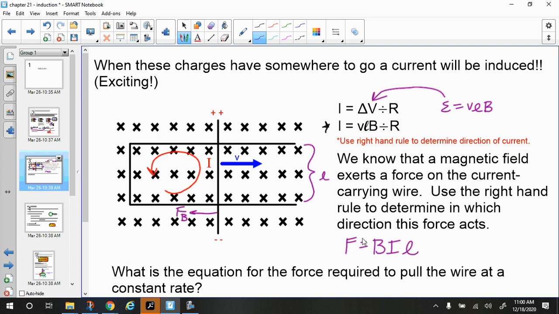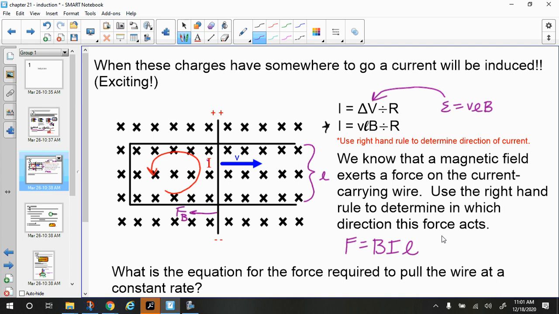If I put my thumb in the direction of the current, my fingers in the direction of the magnetic field, my palm will push in the direction of the force. So I get a magnetic force that is to the left. And so the force is to the left.